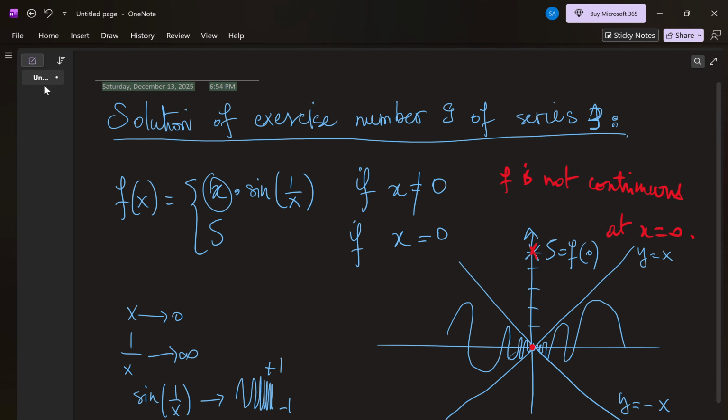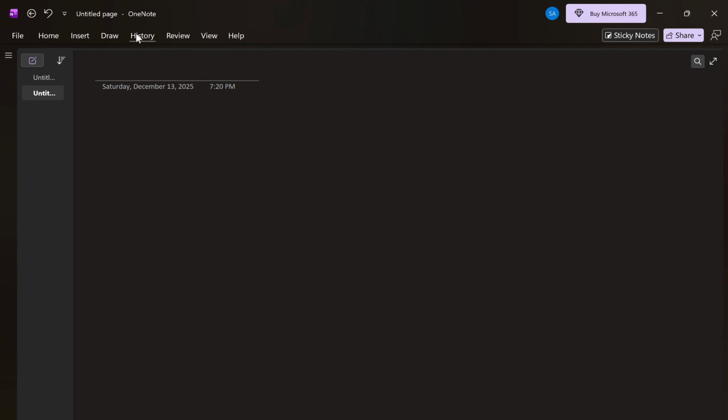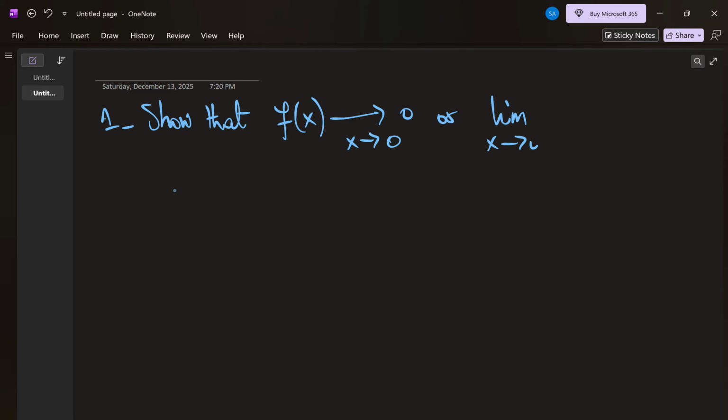Here we simply want to show that f of x tends to 0 as x tends to 0, or equivalently, the limit when x goes to 0 of f of x is equal to 0.